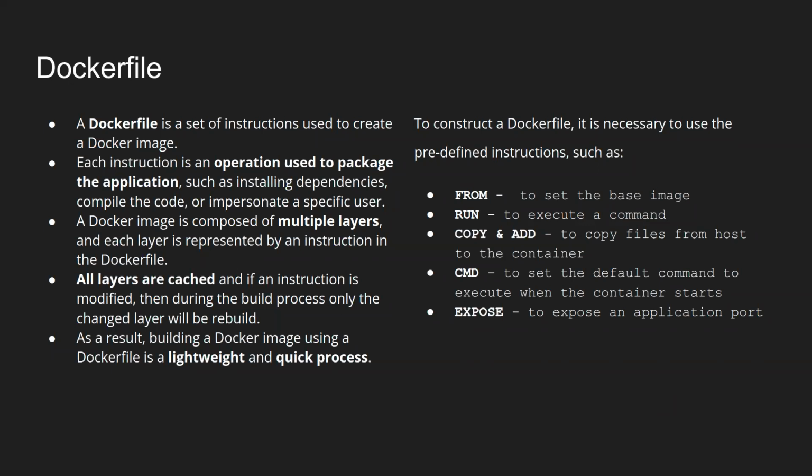And the nice thing about this is that Docker is multi-layered. By that, I mean every instruction executes in its own layer. And the nice thing about that is that all the layers are cached. So if there haven't been any new updates on a single layer, then it doesn't have to run it again.